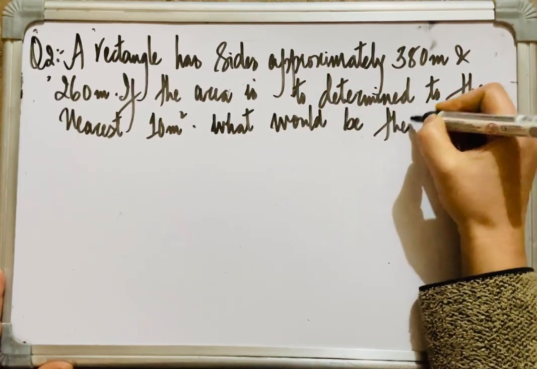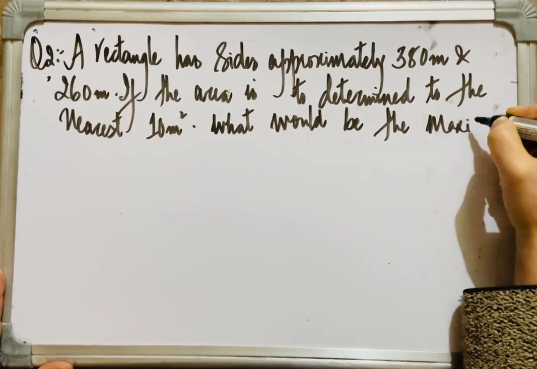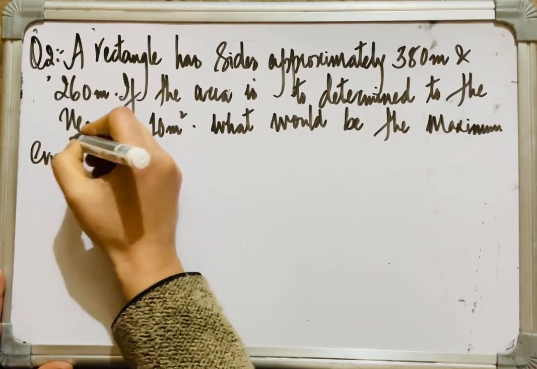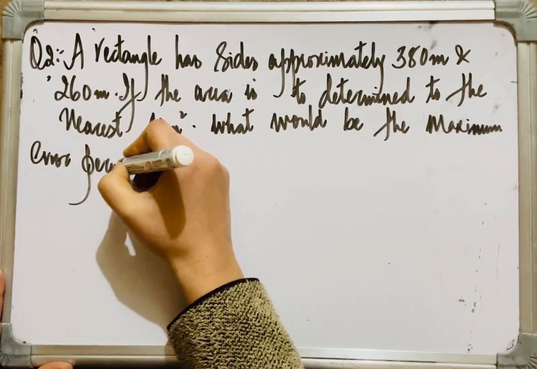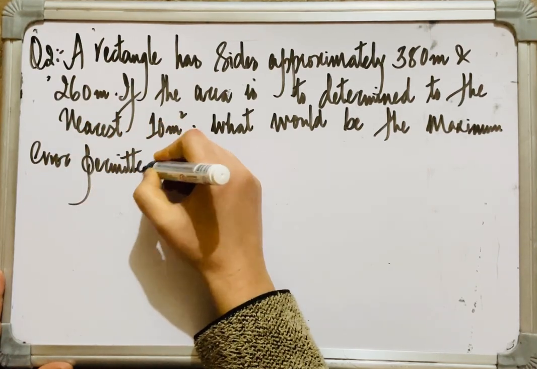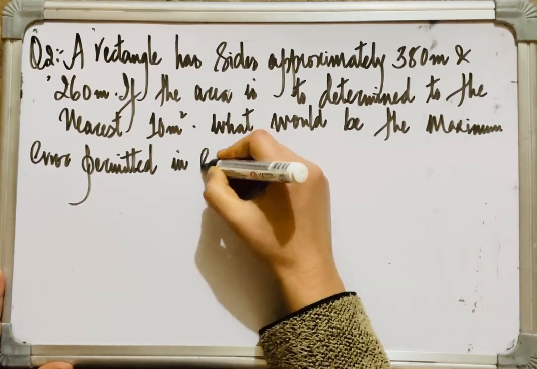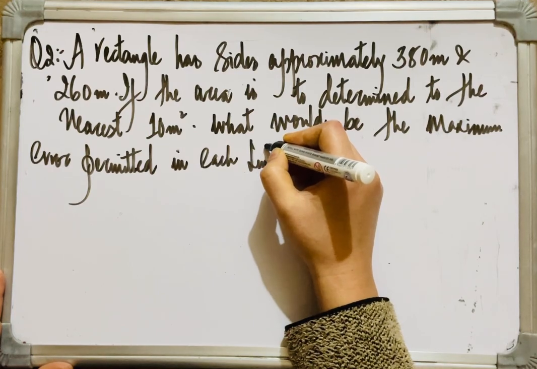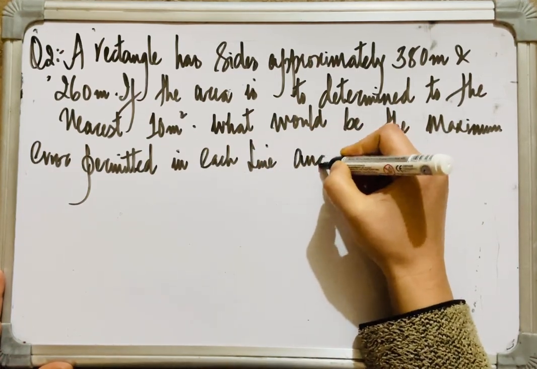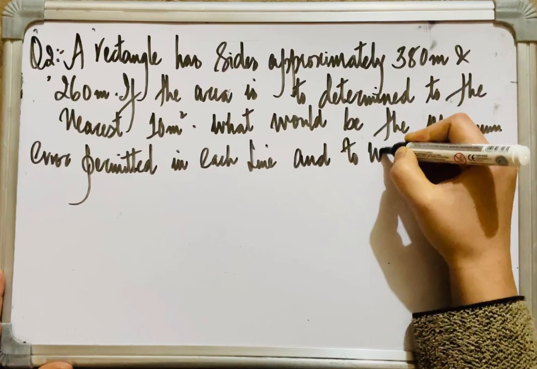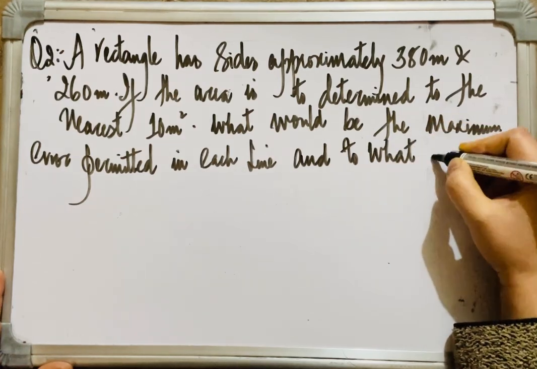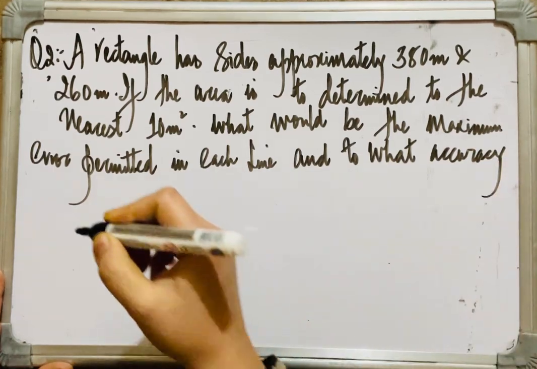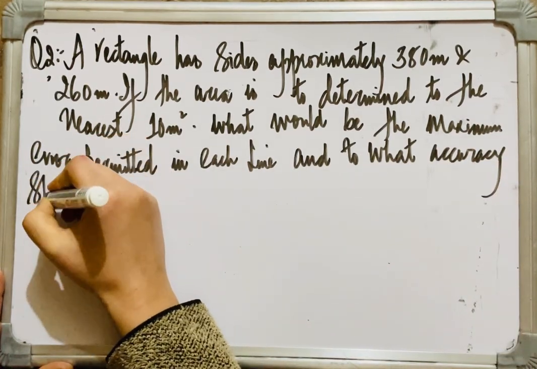What would be the maximum error permitted in each line, and to what accuracy should the lines be measured?